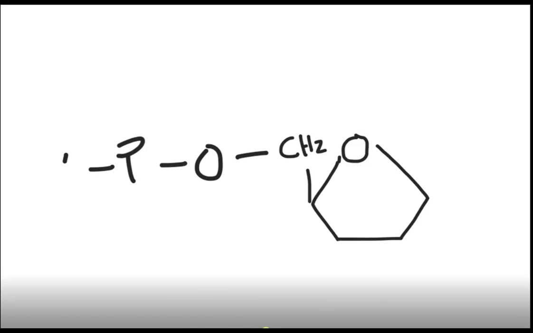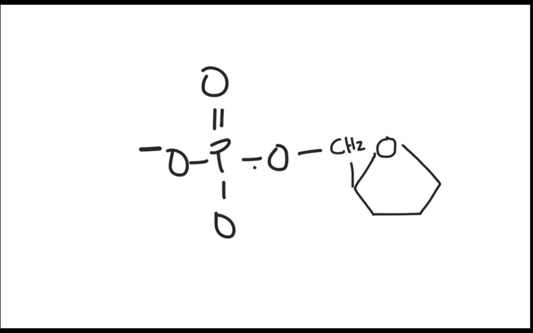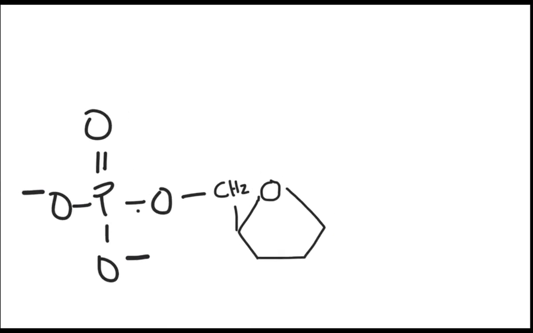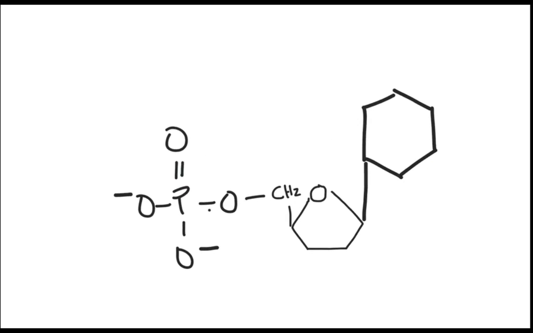So we draw our phosphate with an oxygen on either side. Phosphorus must also have a double-bonded oxygen. Any of these oxygens out on the edge are negatively charged because they were once hydroxyls, but they have lost their hydrogens. Going back to the pentose sugar, we then need to add in the nitrogenous base, or a ring structure, and there you have it, a nucleotide.